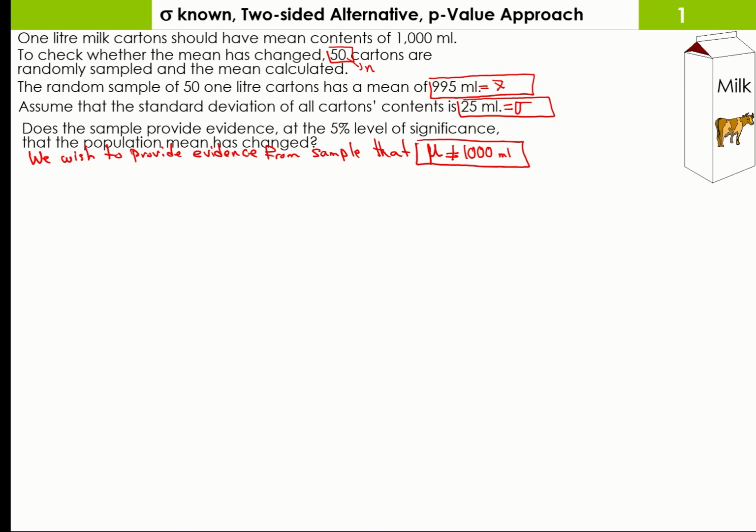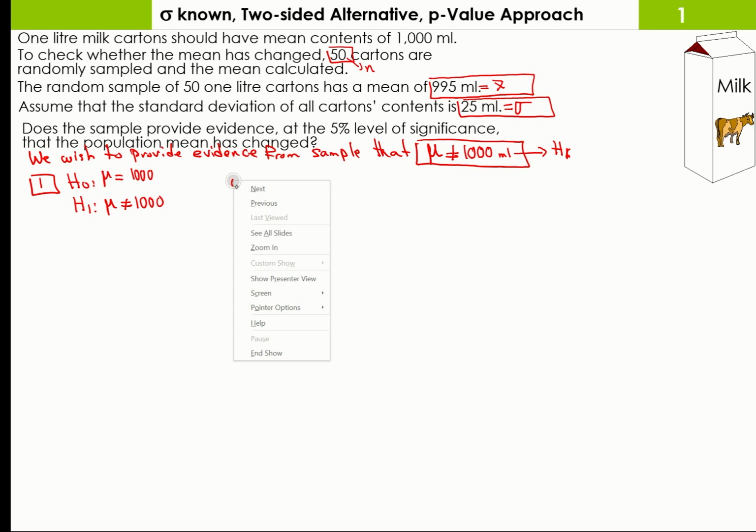So the thing that we would like to prove is this. So it is our alternative hypothesis. So we can define the null and alternative hypothesis here. Alternative one is mu is not equal to 1000, and the null hypothesis is mu equal to 1000.